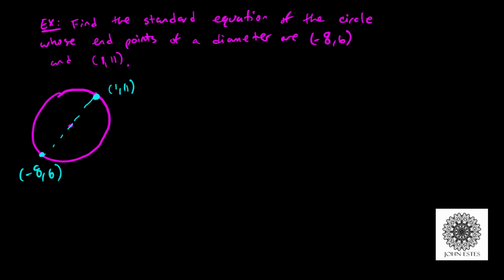I need two things: a center and a radius. The center comes from the midpoint of those two points, because that length is radius, that length is radius, so halfway between them gives me the midpoint. The midpoint formula, if you remember, is the average of the x-coordinates and the average of the y-coordinates.